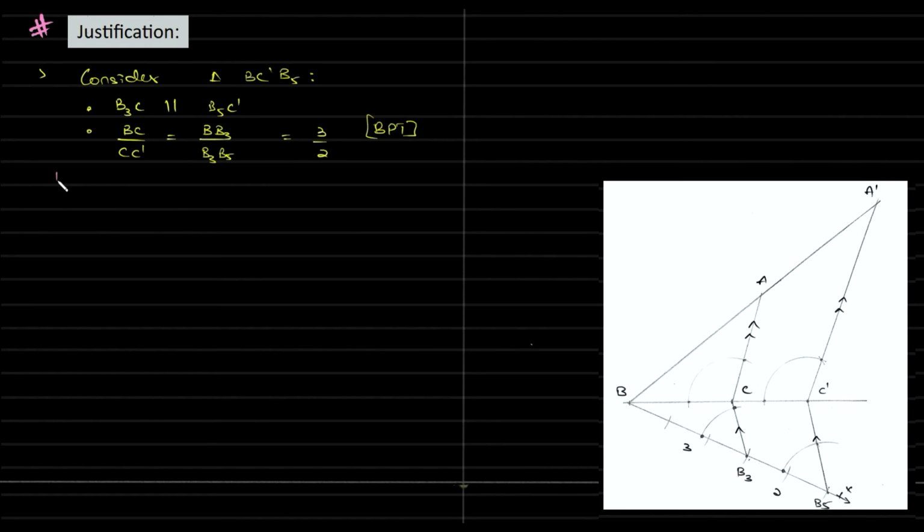Let us take the ratios first. We have BC by CC dash equal to 3 by 2. On taking the reciprocal, we get CC dash by BC equal to 2 by 3, because we are trying to get an expression for BC dash by BC. For that we have to add 1 on both sides.